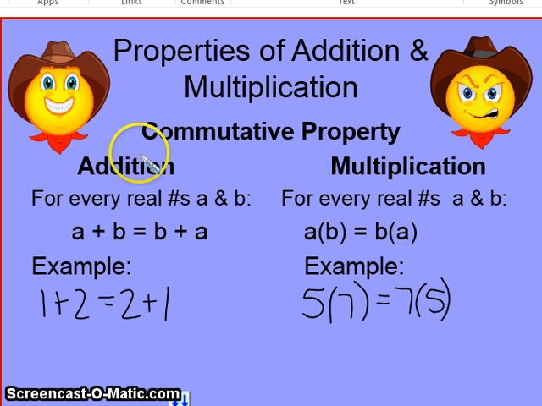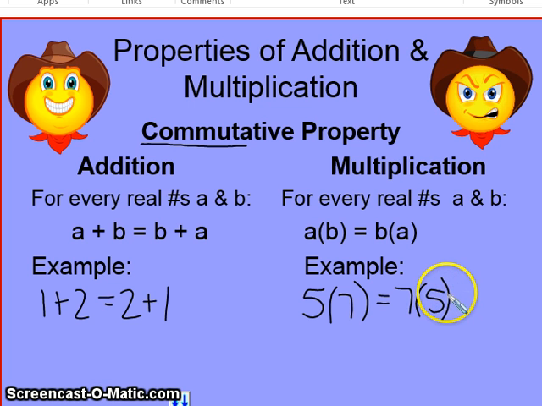Now this is the commutative property because it says that the numbers can commute, or move from one place to another, without changing the value of the expression. So the numbers can change places in addition-only problems, or in multiplication-only problems, and not change the value of the equation.